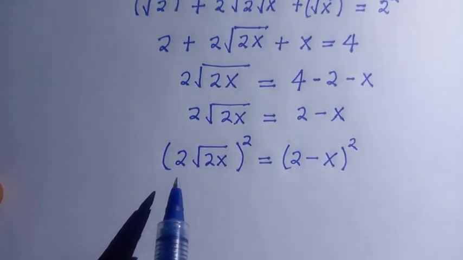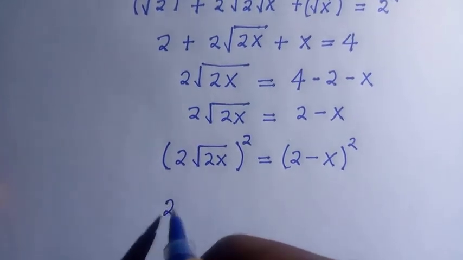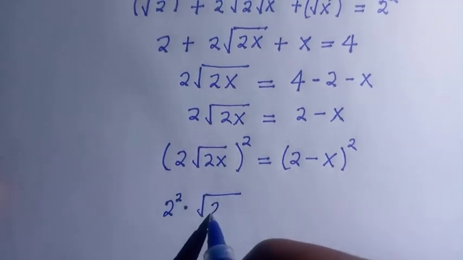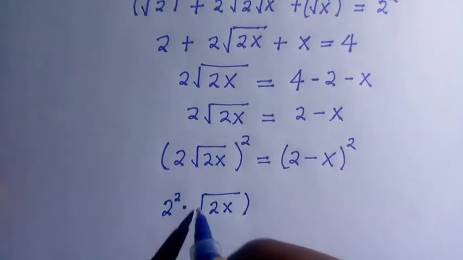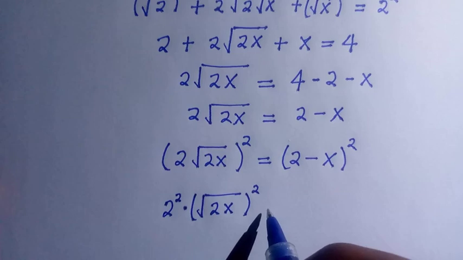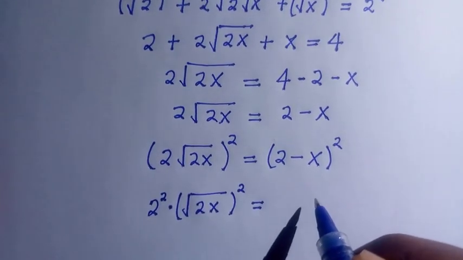Then by rule of indices, we are going to have 2 taking square. When 2 takes square, then we also have the square root of 2x taking its own square, by product rule of indices. So here we have (2 minus x) to the power of 2.